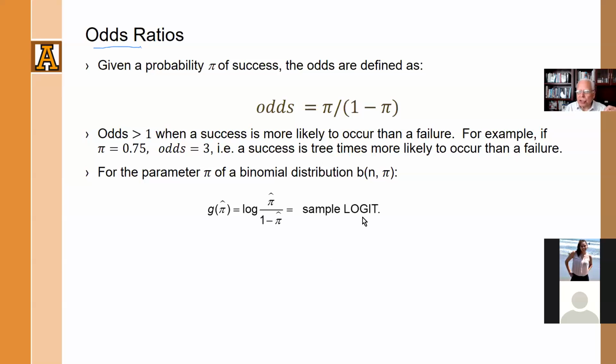This is called the sample logit, because when I have the sample estimate pi hat of pi, it is the sample estimate of the log odds ratio.